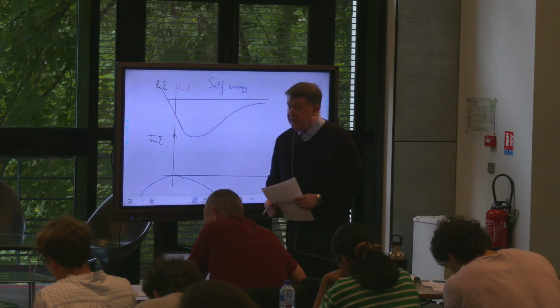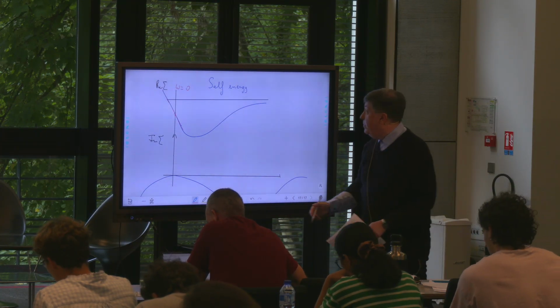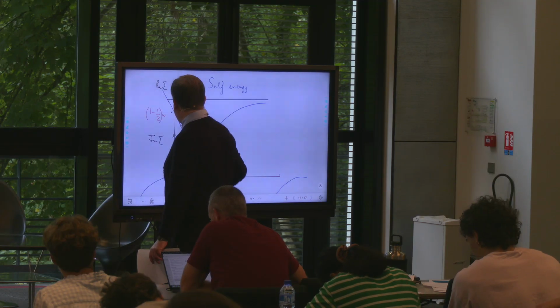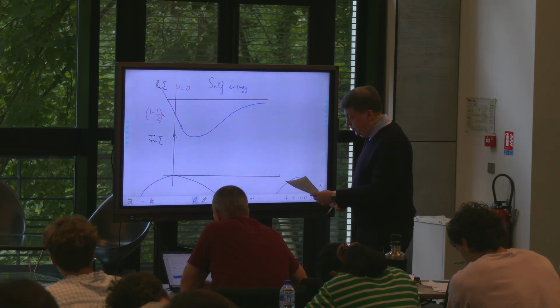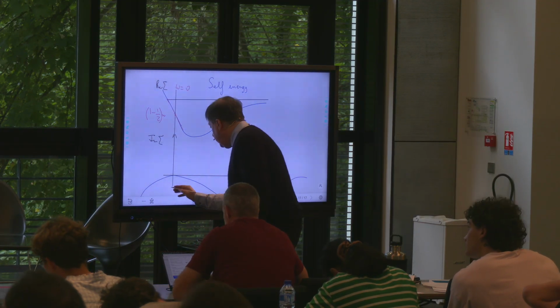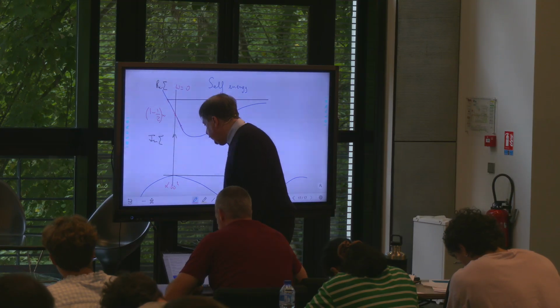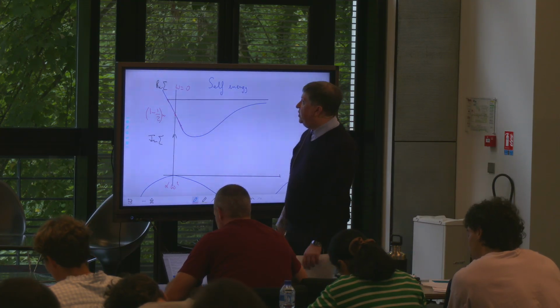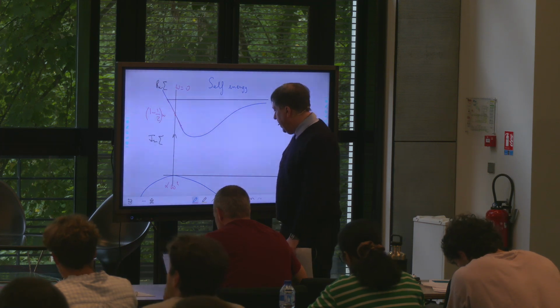The slope, as we have seen, is going to give me the quasi-particle residue at zero frequency. Here, at zero temperature, I'm going to have something proportional to omega squared. My imaginary part of the self-energy is going to be proportional to omega squared.